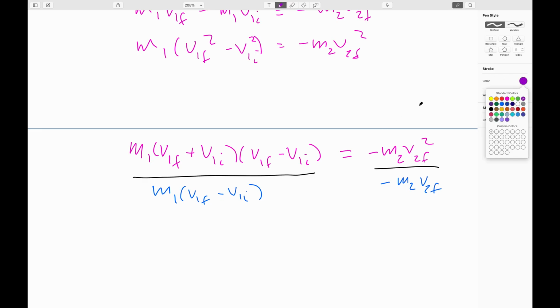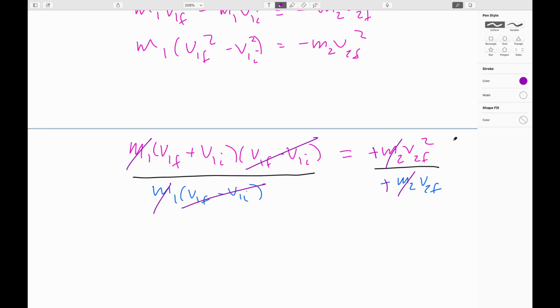The M1s cancel here, the minus signs cancel, the M2s cancel, this term with the differences cancels, and we lose one power of V2 final. Now, with what's left, I'll rearrange so that I have the finals on one side and the initials on the other. That gives me V1 final minus V2 final equals negative V1 initial.